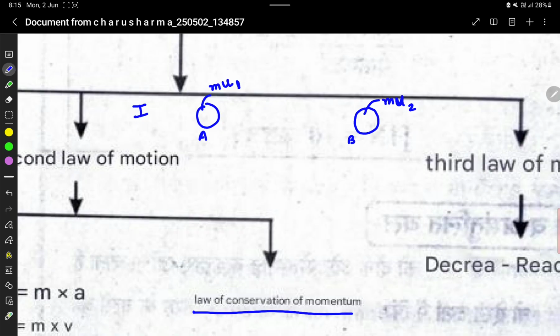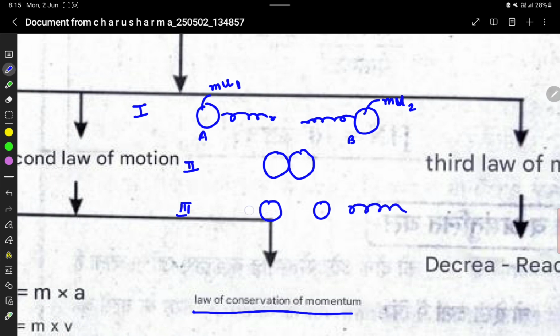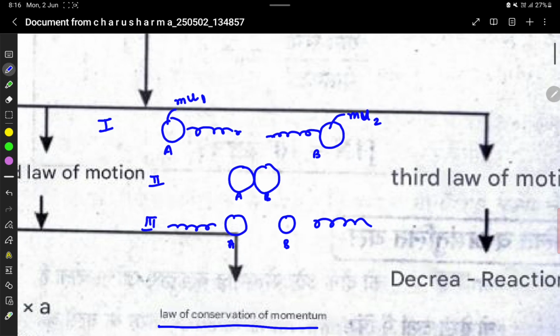First case, this is the first scenario: the two balls having mu1 and mu2 as momentum, the same mass, and the two balls are coming in the opposite direction to each other. Second, they hit each other, and third, they start moving in the opposite direction to the previous one, right? This picture is clear. In the first case they are moving in the opposite direction to hit each other. Second, they have hit each other and now started moving apart from each other in the opposite direction.